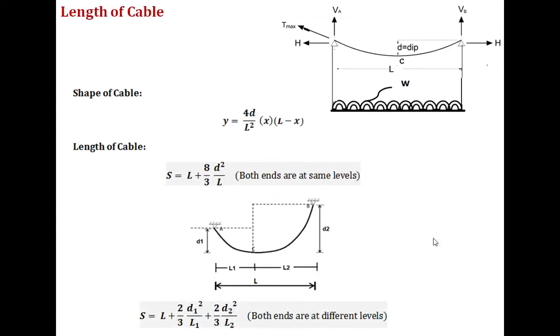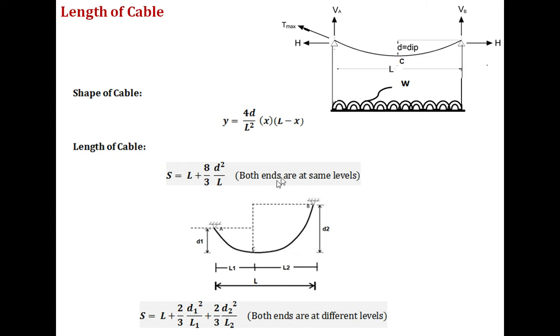For the length of cable, by the equation of parabola, we can remember that the shape of the cable, the parabola shape, is 4D by L square x into (L minus x), and the formula to be remembered for length of cable is equal to L plus 8 by 3 D square by L if both our ends are at the same level.